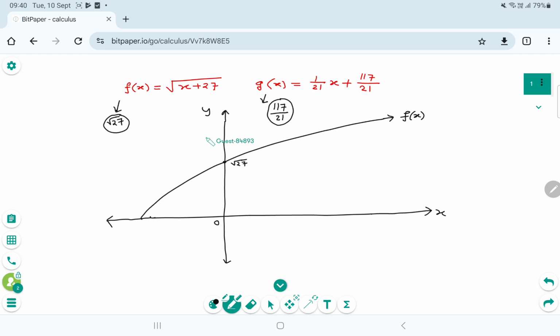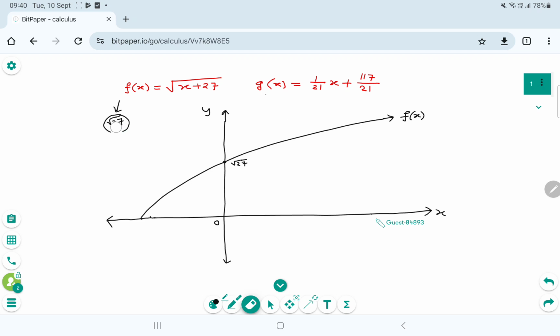I think it is this one, since 117 divided by 21 is 5 point something, and square root of 27 will be 5 point something, right? So then what can we do here?